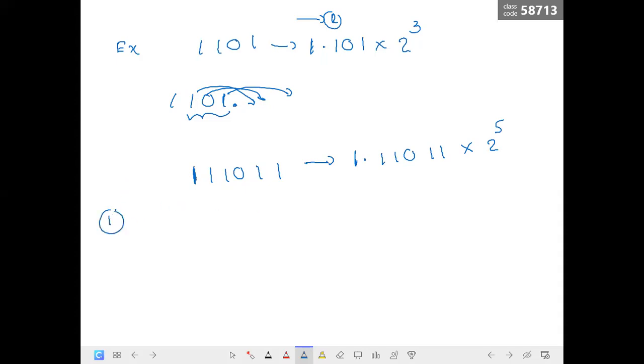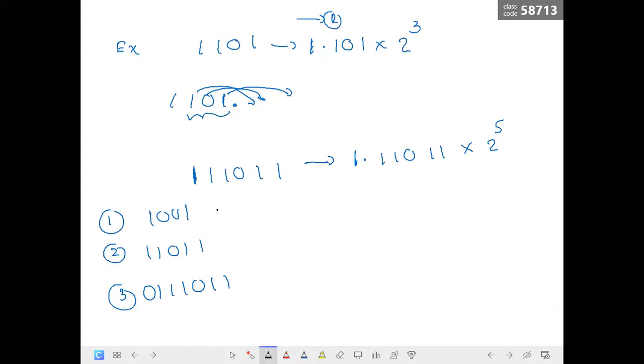The first one 1 0 0 1, the second one 1 1 0 1 1, then the third one 1 0 1 1 1 0 1 1, right? Try to do these 3 exercises. Okay, then we will see the answer.